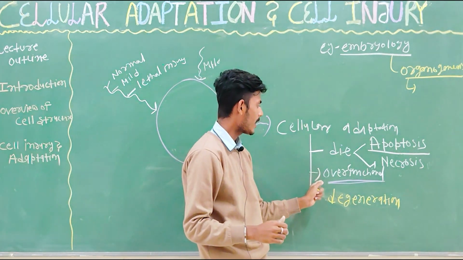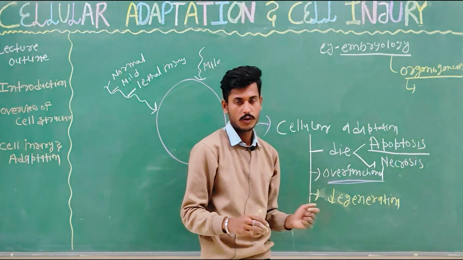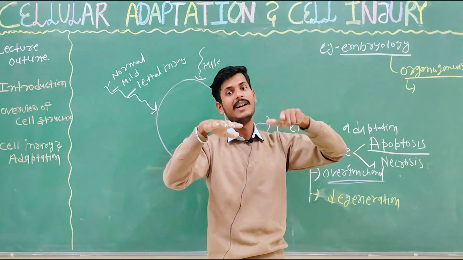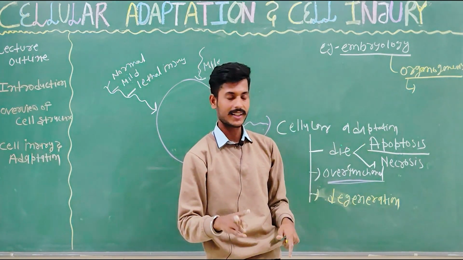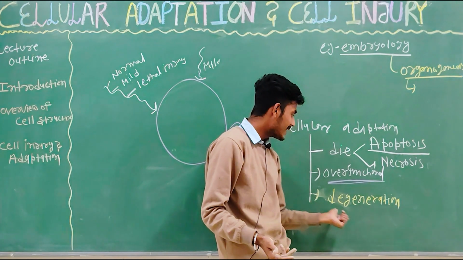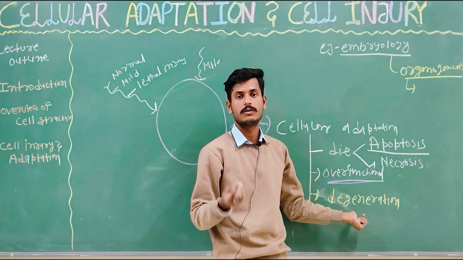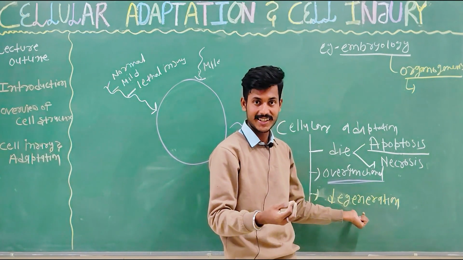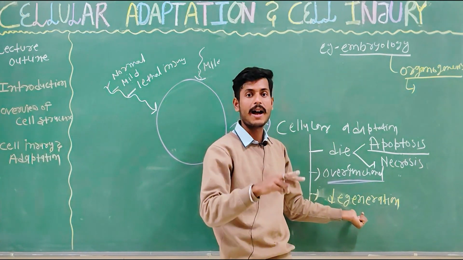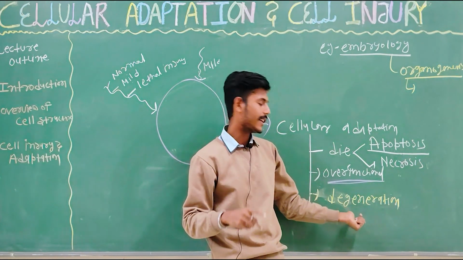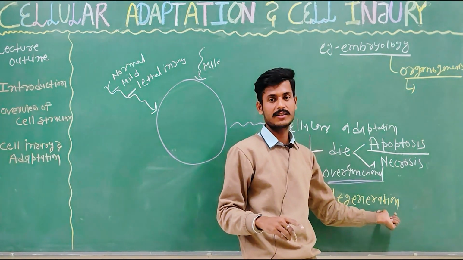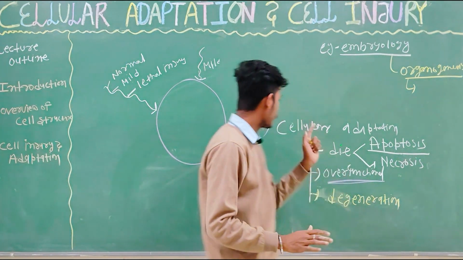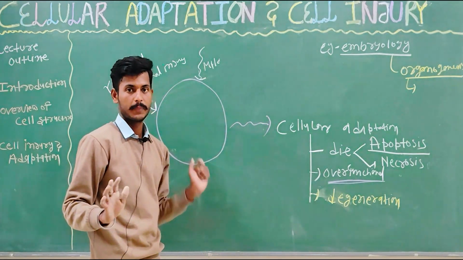That is called overfunctionality. Either the cell can become overfunctional, or it becomes underfunctional. So both things can happen. Or either the cell starts slow changes which cannot be reversed back, and that is called degeneration. Got it? No problem. So this is cellular adaptation.